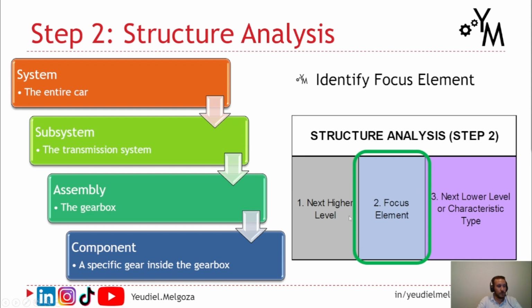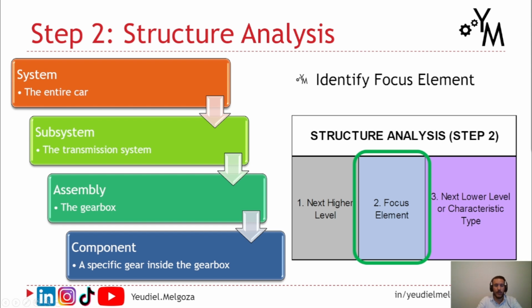And just to confirm, the next higher level is the larger system where the focus element is installed. So this is the reason why we need to define first what the focus element is. The focus element is the specific part, subsystem, or assembly that is going to be analyzed. Once we define the list of all the focus elements, we move forward with the larger system in the next higher level.